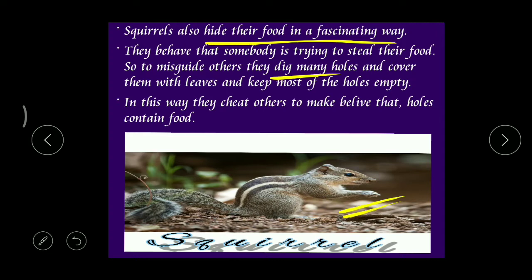You got the point? It makes many holes, but it stores the food only in a few holes. Okay, and later all these holes are covered with leaves. Okay, so in this way, this animal cheats the other animals.